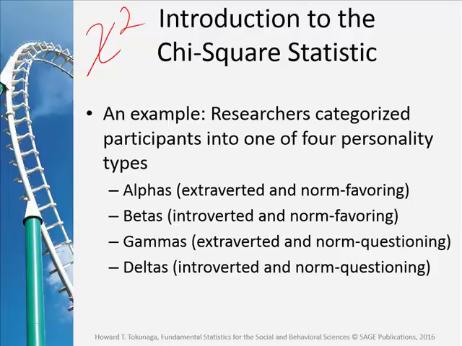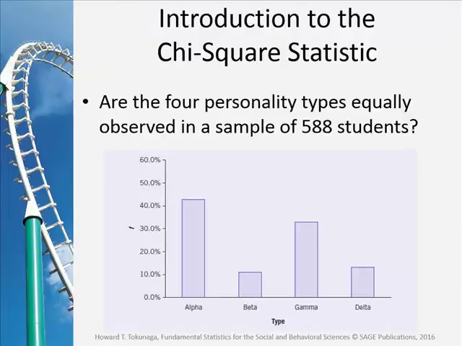And if we classify people according to these types, we notice that there are a lot more alphas and gammas than there are betas and deltas.